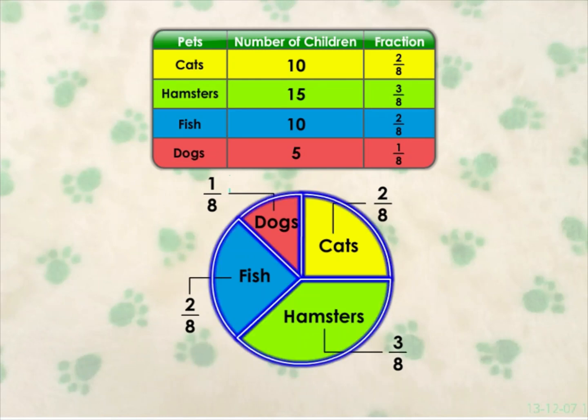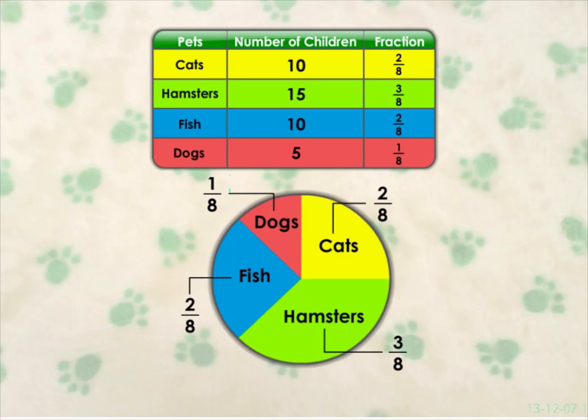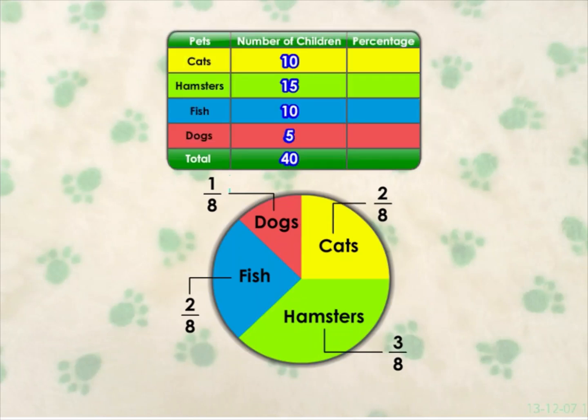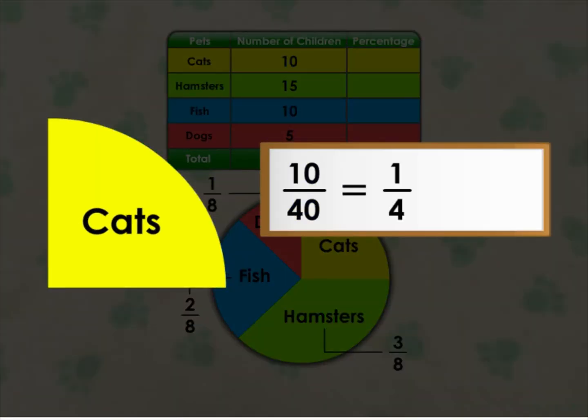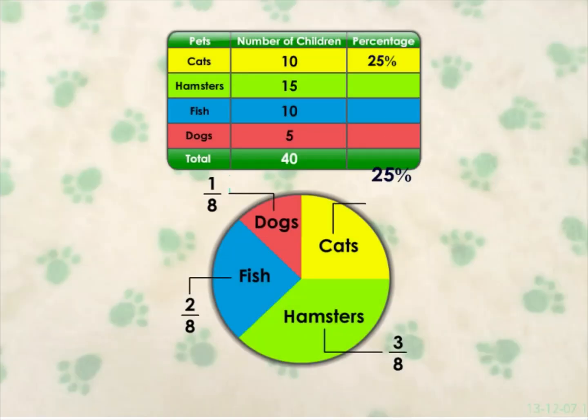How else can you represent the data on the pie chart? Good. We can use the percentages too. Let's find the percentage of the number of children for each type of pet. The percentage of the number of children who like cats is 25%.